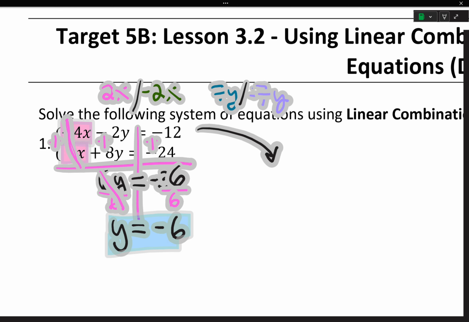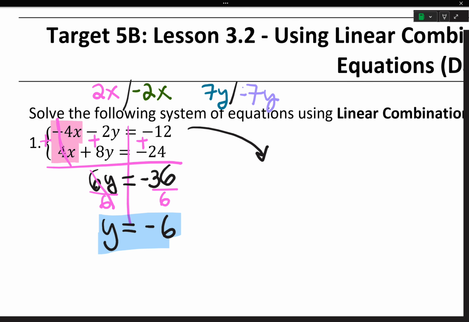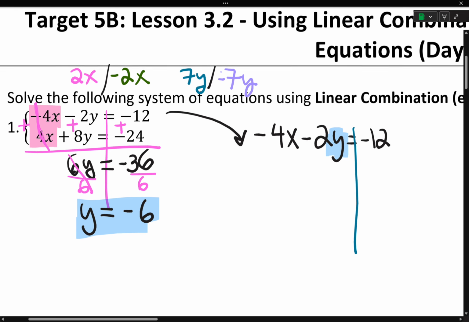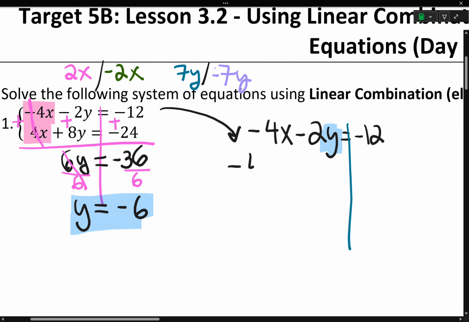So the original equation is negative 4x minus 2y equals negative 12. Okay, we found y, so let's substitute that in. Negative 4x minus 2, and then instead of y, I'm going to put negative 6 in parentheses.